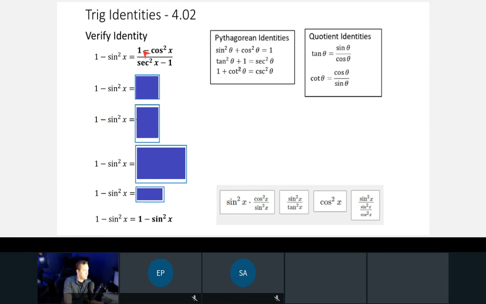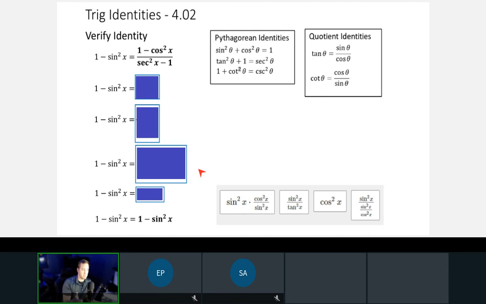But we want to make this side using identities, which I put here and here. We want to use these identities to go from step to step to step, and eventually, using identities correctly, we will get the left side to equal the right side. And that's how we prove.